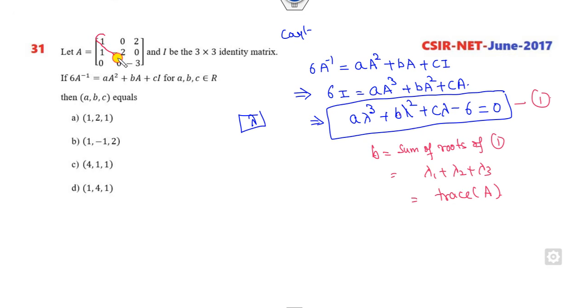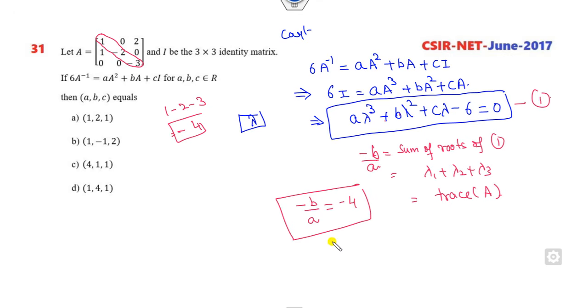So what is the trace of this? You can see it is 1 minus 2 minus 3, it is my minus 4. So the sum of the roots will be minus b over a. Fine. So the answer is minus b over a is minus 4. Or you can see b is equal to 4a.